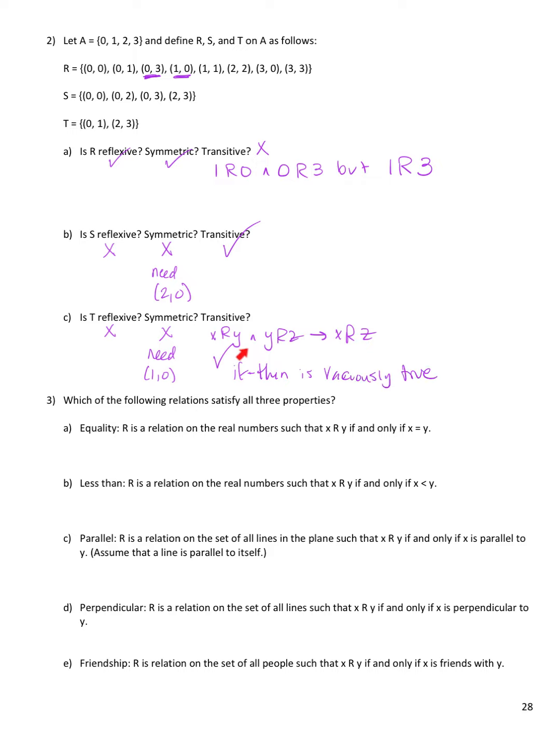Because even though this is false, like we don't have this situation, false, false for an if-then is true. The only way you can get an if-then to be false is if this is true and this is false. So we have false, false.